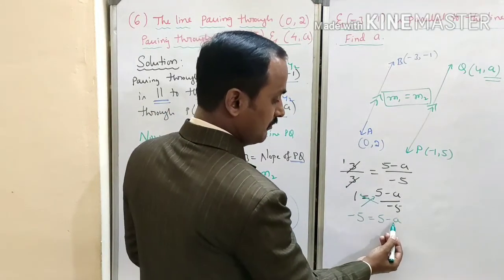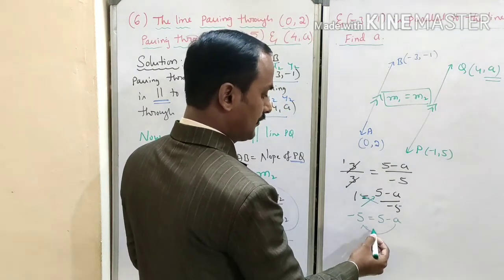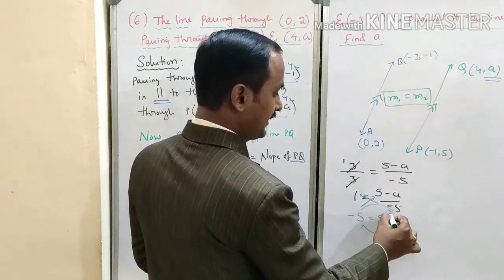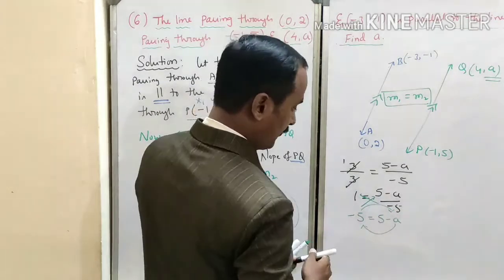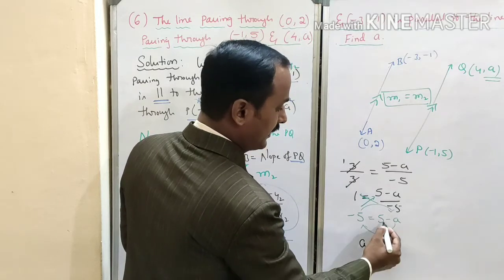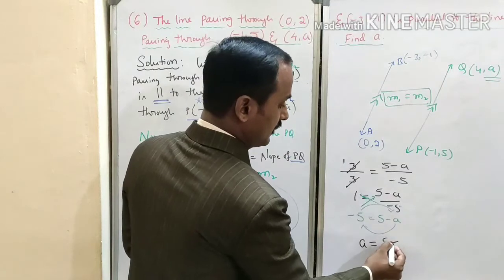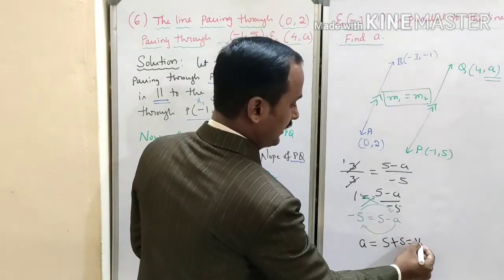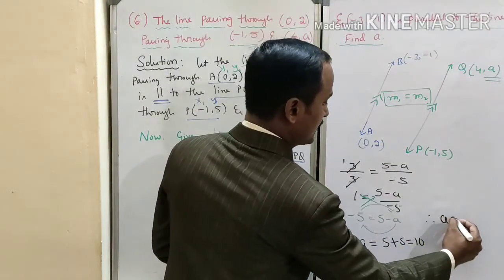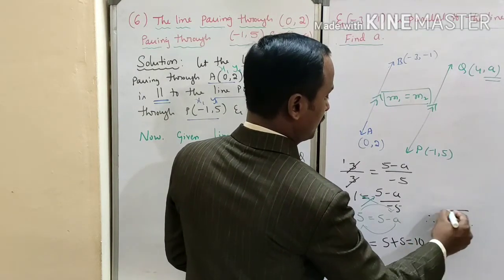This a has a negative sign, so that a transfers to the left side and 5 transfers to the right side. Observe carefully. Minus a comes to the left side as plus a is equal to, the right hand side 5 is there as it is, and the left hand side minus 5 goes to that side as plus 5, is equal to 10, dear children. Finally we got it: a is equal to 10. The required a value is equal to 10.